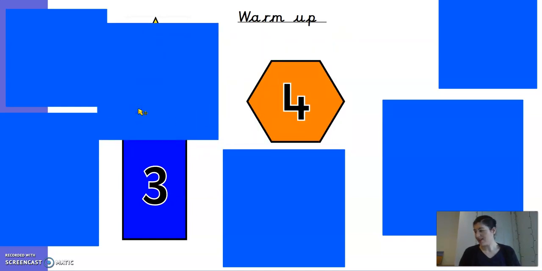What shape is that? Should we count the sides? See if that helps us to figure out what the shape is. It's got 1, 2, 3, 4, 5, 6. It's got 6 sides. That's called a hexagon. And what number is on our hexagon?